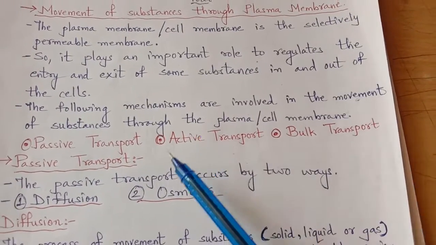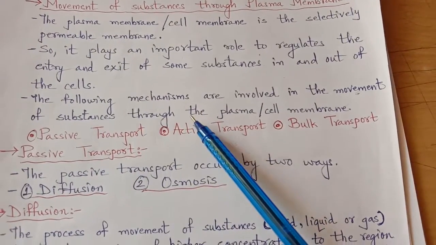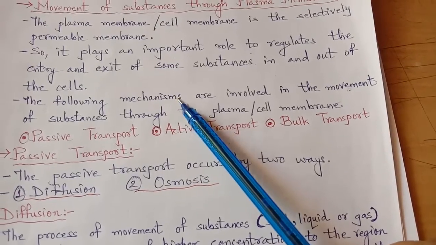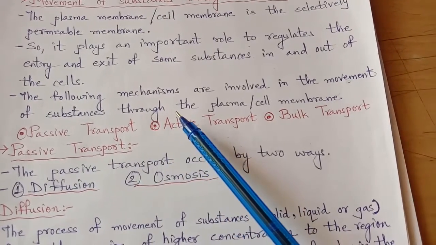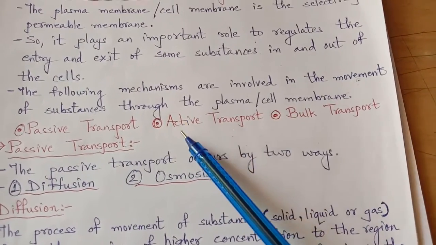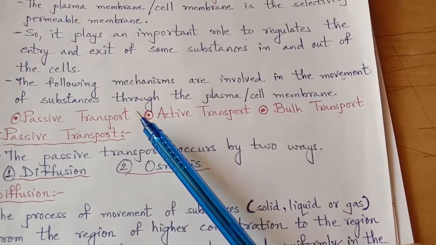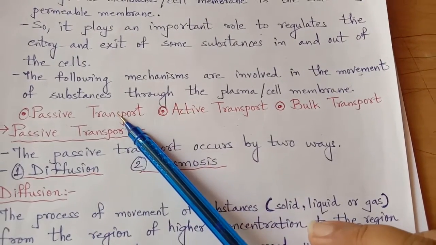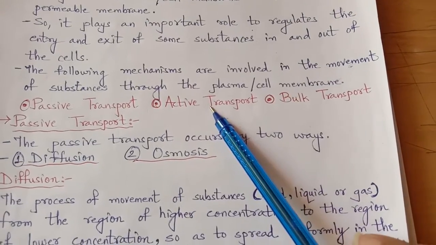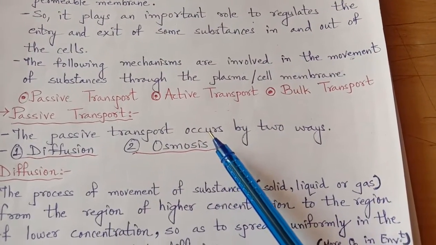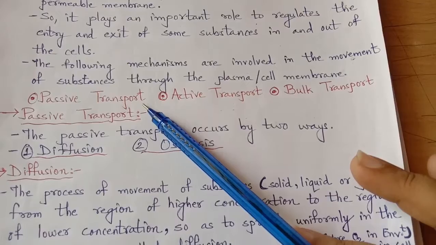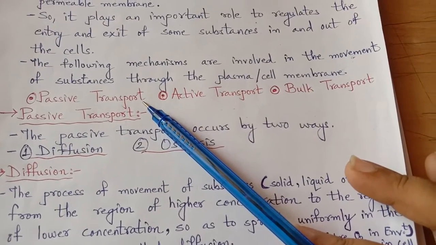There are certain methods, some proper process mechanisms for the entry and exit into the cell, and they are basically three types: passive transport, active transport, and bulk transport. Passive transport doesn't need some extra energy.